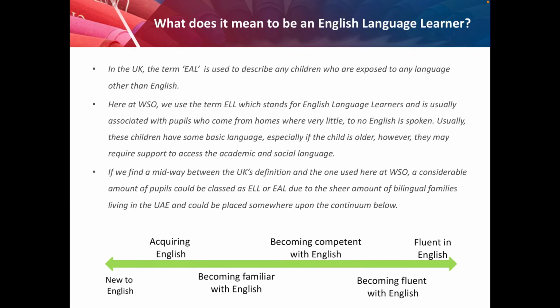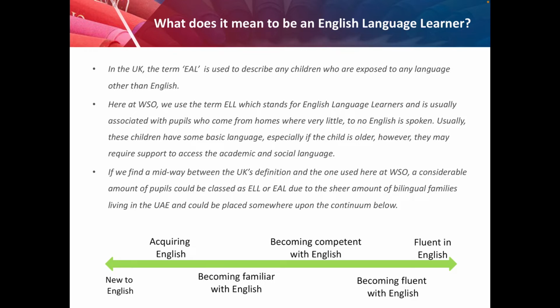Okay, so on this slide, we're going to talk about what it actually means to be an English language learner. There are different categories or terminologies depending upon whereabouts in the world you are. In the UK, the term EAL is used to describe any child who is exposed to any other language than English.